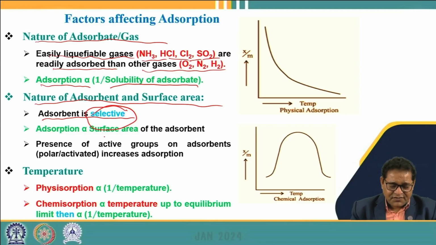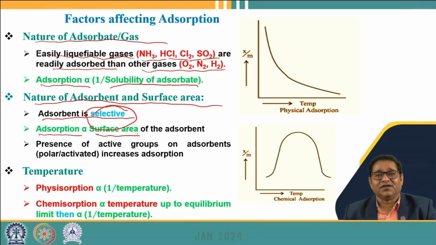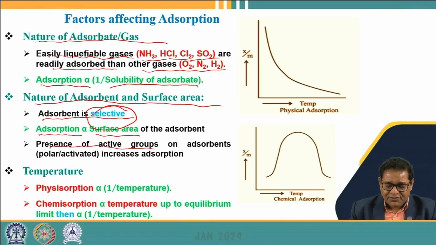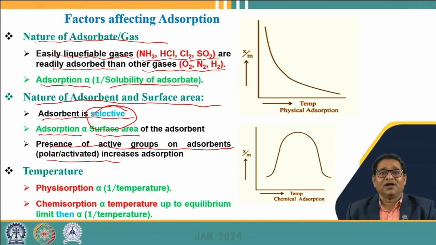If we see the adsorption and the surface area, they are in direct proportion. The more the surface area, the more the adsorption. Similarly, the presence of active groups on the adsorbent surface, like polar or activated groups, will increase the process of adsorption.